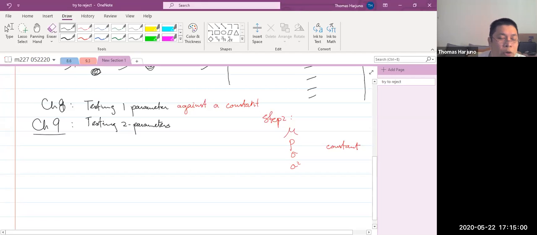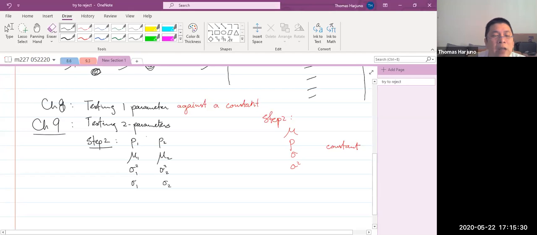And of course, we don't get the population, we use the samples, right? So in our step 2 later on, in this chapter 9, we will be comparing the population proportions or population means or population variances or population standard deviations.